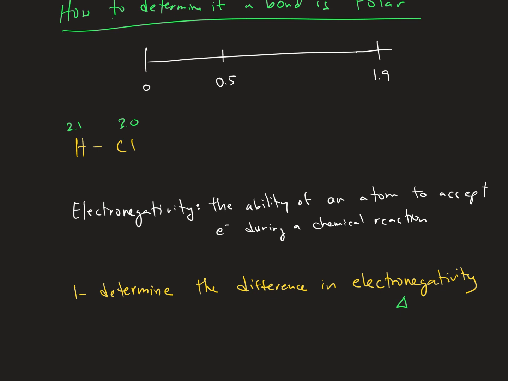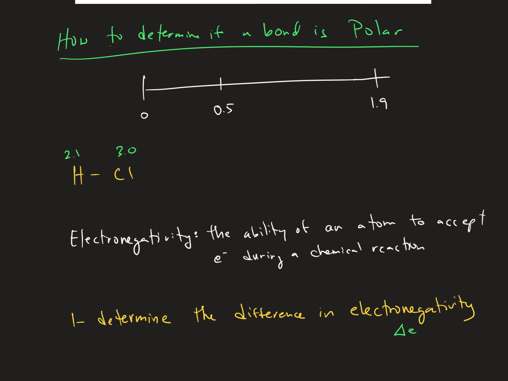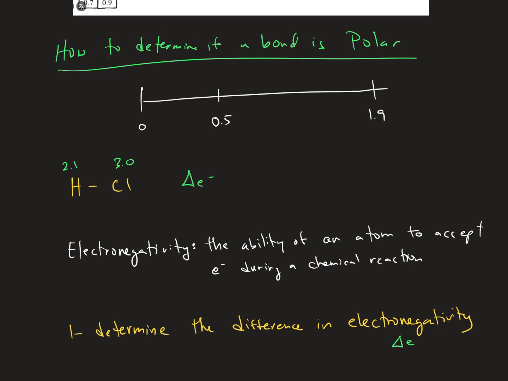You know how to find a change in anything? Final minus initial. In this case, it doesn't matter which one's final and which one's initial. We just want the difference. So what's the difference in electronegativity in the hydrogen-chlorine bond? 0.9.